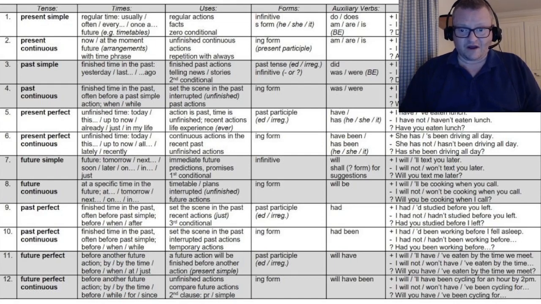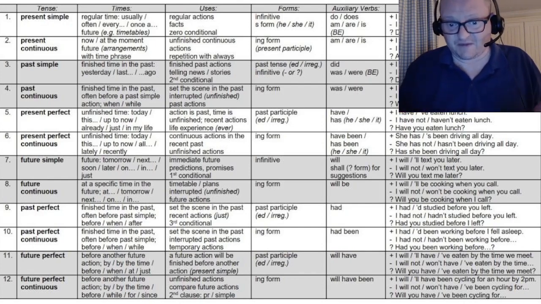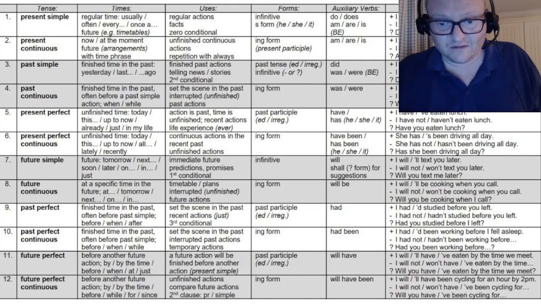You know, I think tomorrow afternoon I will have been working on my project for at least an hour by the time you get here, by the time something happens in present simple. I will have been cycling for an hour by 2 p.m.